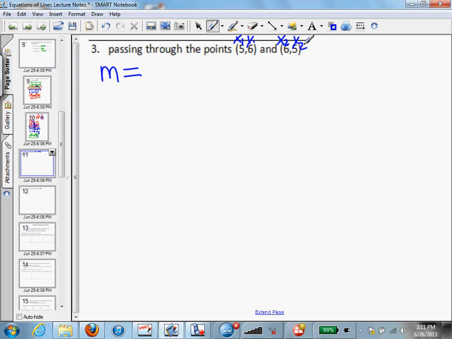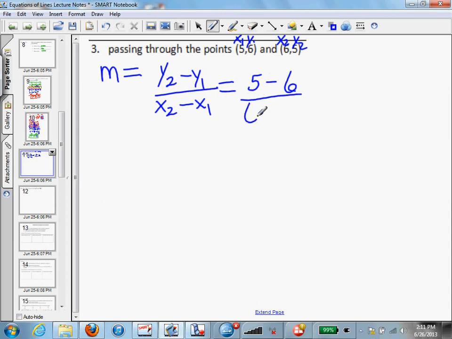We want to make sure to use the slope formula of m equals y2 minus y1 over x2 minus x1. And that's going to become y2 is 5 minus y1 is 6 over x2 is 6 minus x1, which is 5. And this on top will be negative 1 over 1, so it reduces the slope to just negative 1.